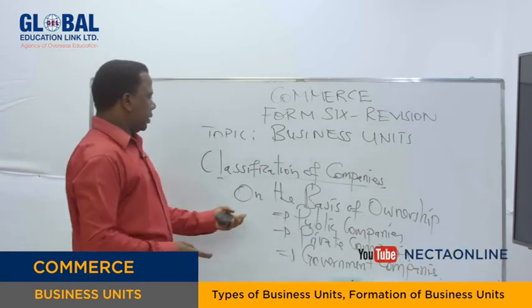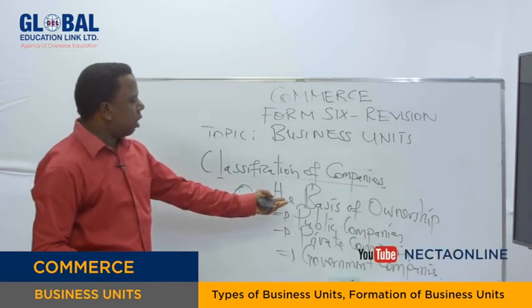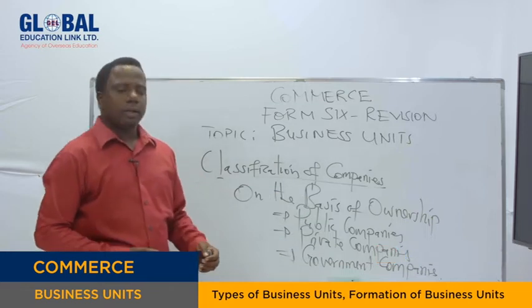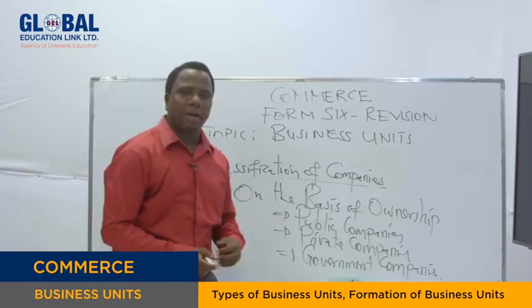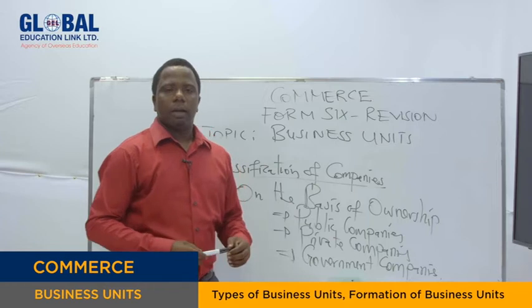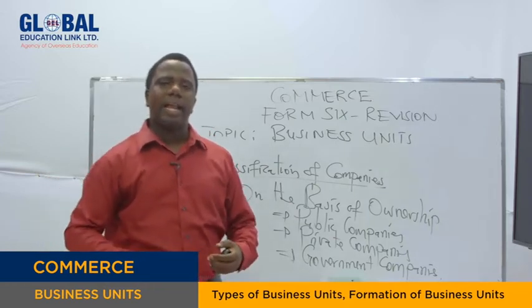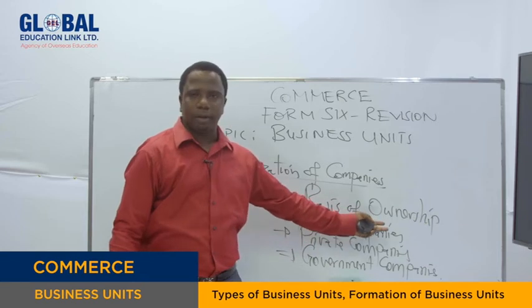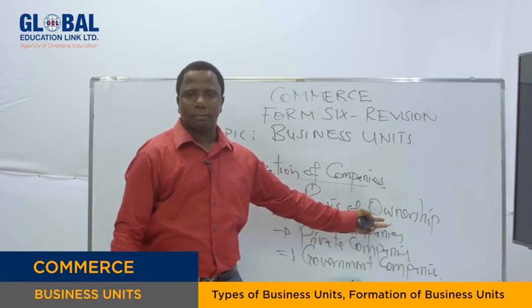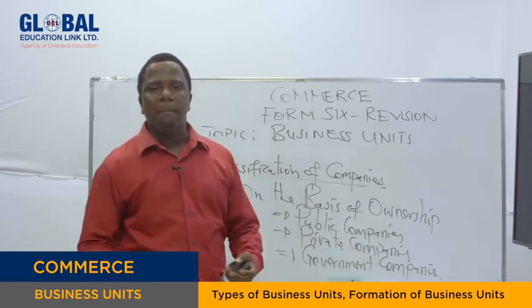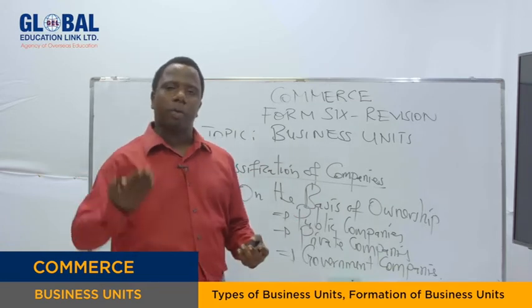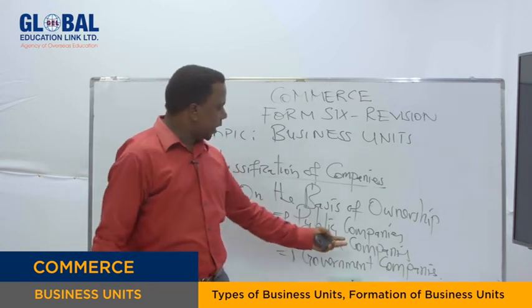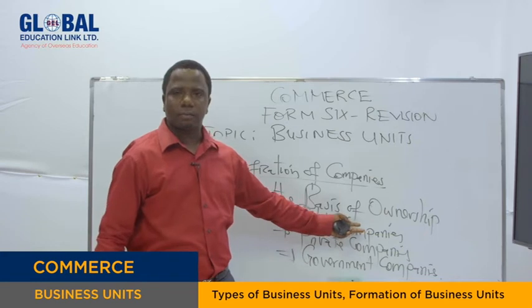So this is on the basis of ownership. Under this one we have public companies. Under public companies, any member of the public can get ownership in this company. So this is where members of the public have an opportunity to invest in these companies.